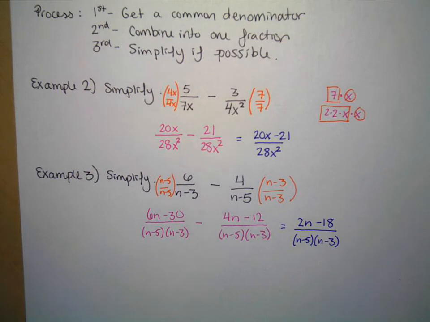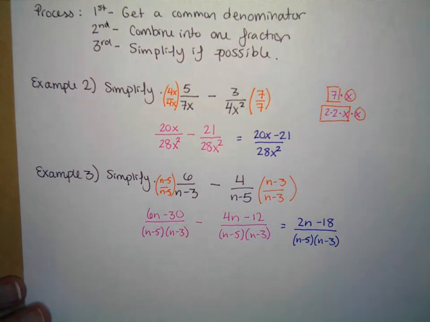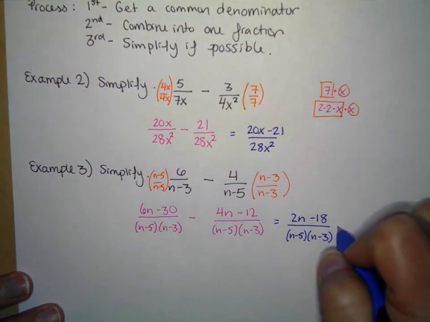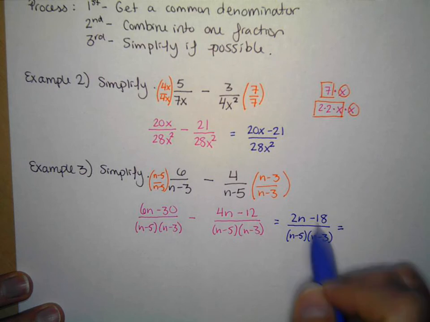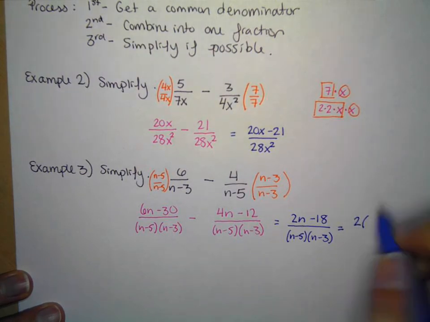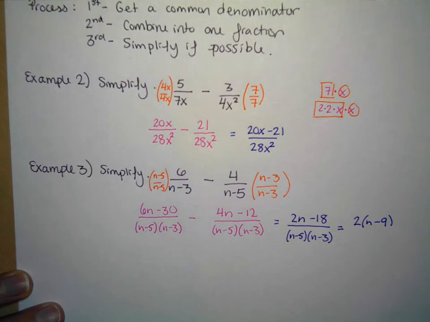Recall that our last step, step 3, is to simplify if possible. So hopefully you notice that the numerator in this fraction can be factored. They both have a factor of 2. So if I pull that 2 out, 2 times n gives me 2n, and 2 times negative 9 would give me negative 18.